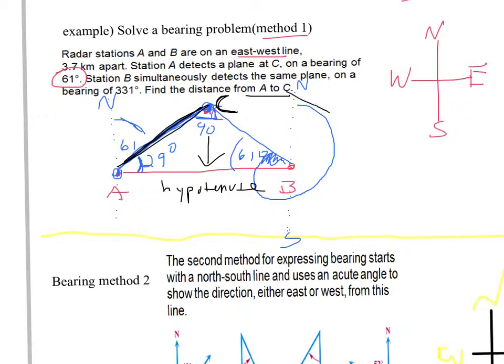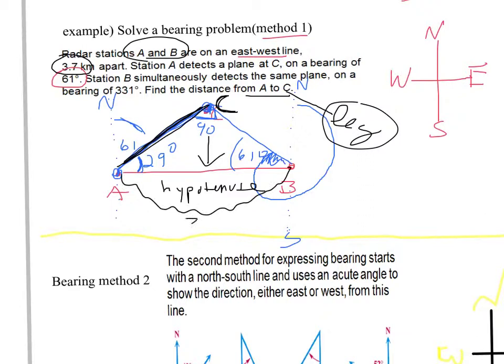So note to self, we're trying to find a leg of that right triangle. Now, you know from the get-go that the radar stations A and B were 3.7 kilometers apart because it says it in the paragraph. Okay? So you know from here all the way to here is 3.7 kilometers apart. Now you can just bust out good old Pythagorean theorem.